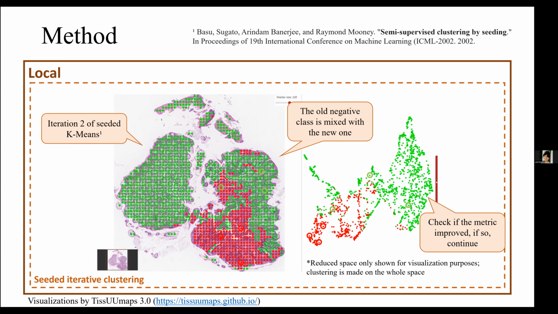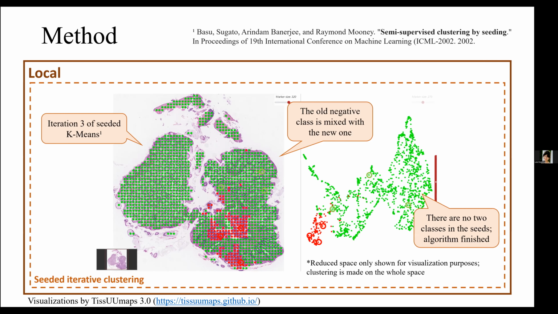So you can see that we're just reclustering the positive part by trying to get all the seeds in their correct cluster, or at least until a classification metric does not improve. So in this case, we still can go one iteration more. And then we have this final result where all the seeds are in the cluster that corresponds to them.